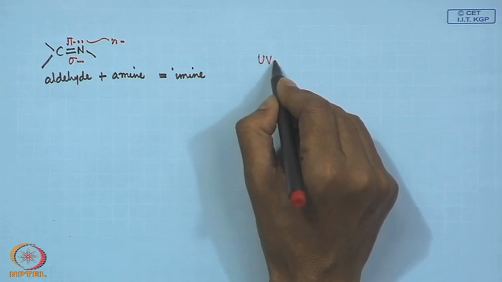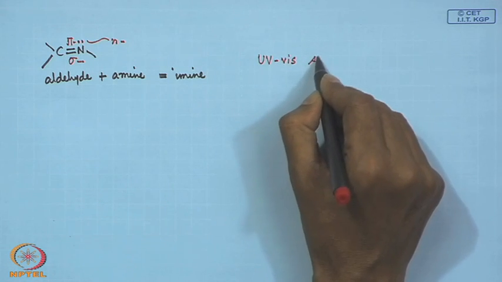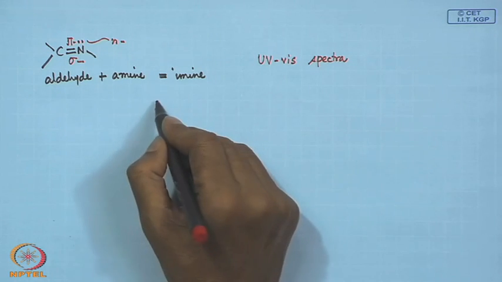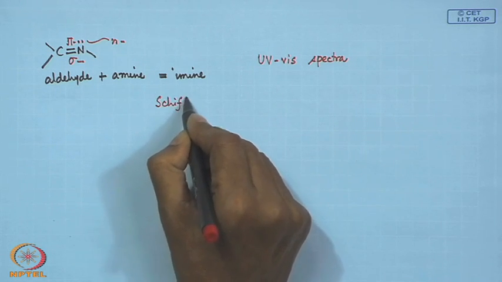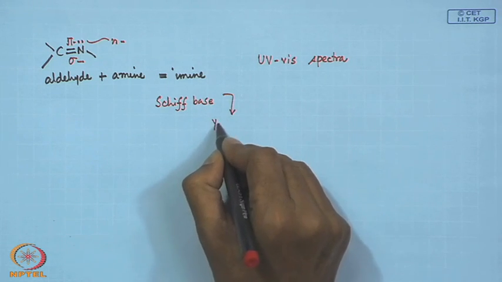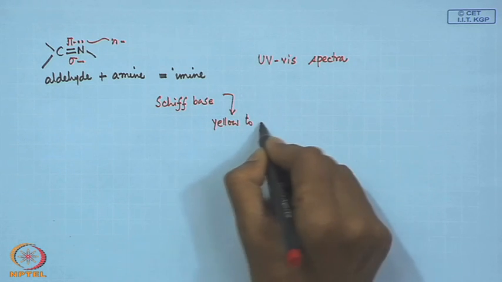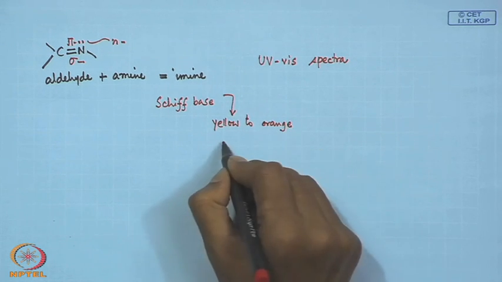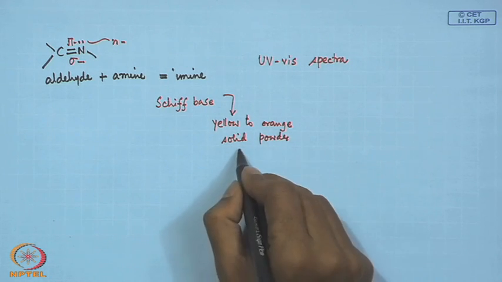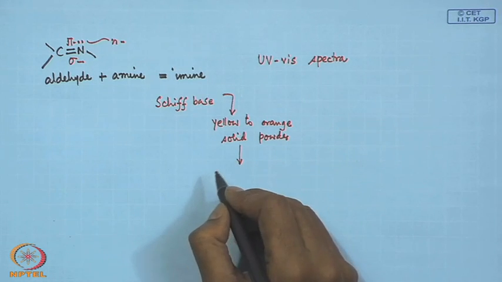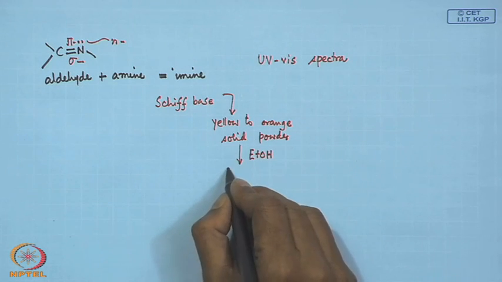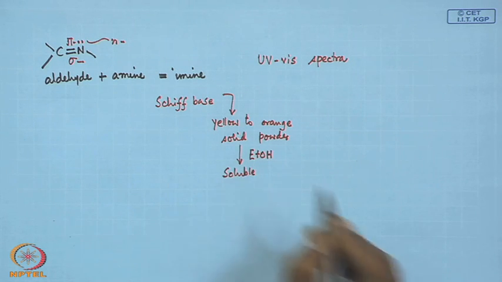So, when we are talking about the UV-visible spectra of these compounds, such as any Schiff base, if we have, and they are yellow to orange solid powder, and they can be isolated through the synthesis, say in ethanol, and these compounds are also soluble in ethanol.